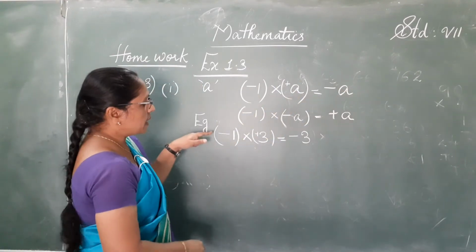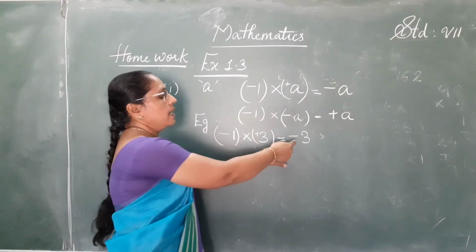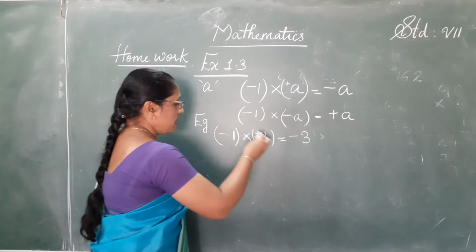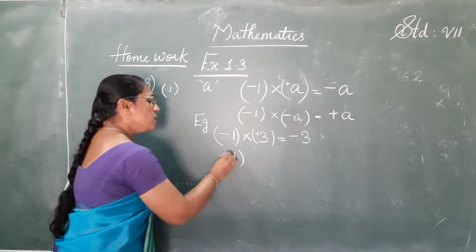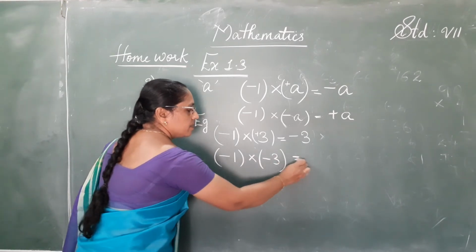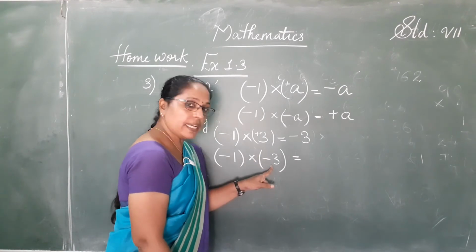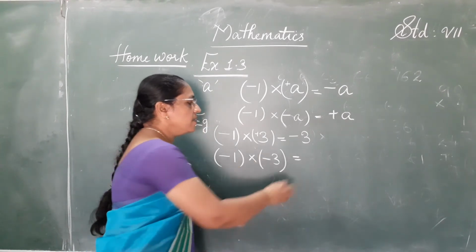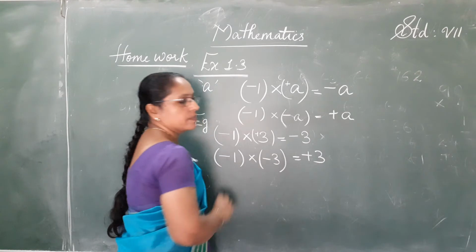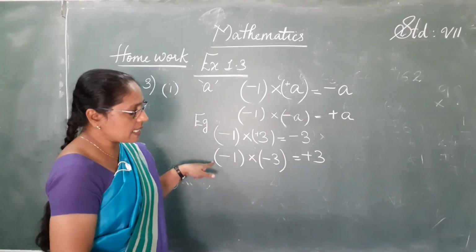So when you multiply negative 1 with a positive integer, the answer will be negative 3. Second example, negative 1 into negative 3. A is negative 3. When a becomes negative, negative and negative will make positive 3. That is the answer of the first part with the example.